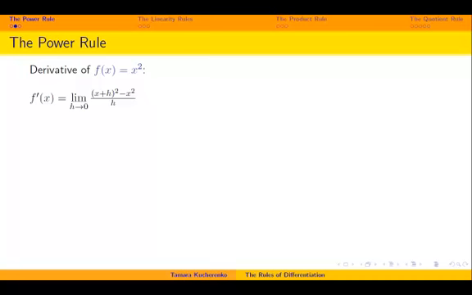Expanding x plus h squared, we obtain x squared plus 2xh plus h squared minus x squared divided by h. Here we see that x squared and negative x squared eliminate each other. We can factor out h from the remaining terms, and then h in the numerator cancels with the h in the denominator.